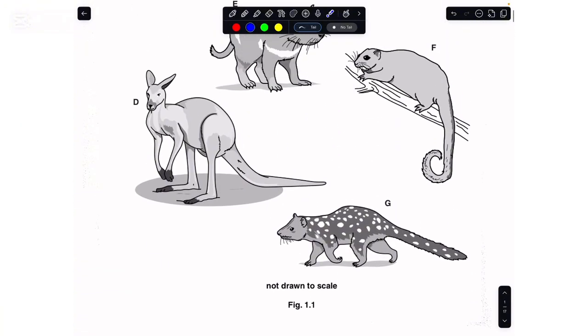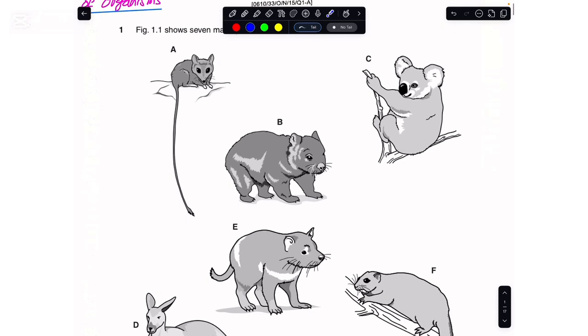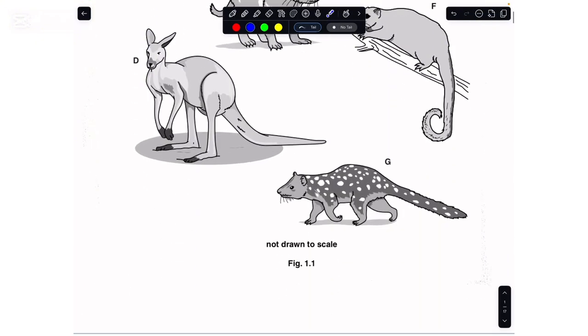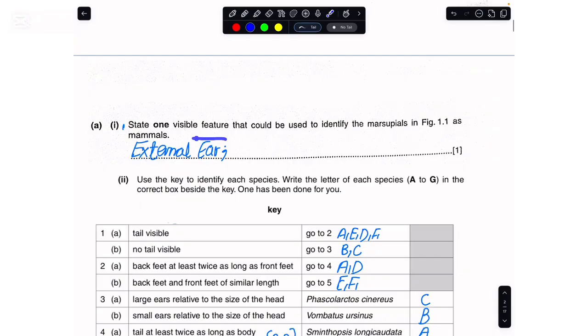So if we just look toward the diagram of all of these marsupials, the characteristic that we see visible in all of them would be their external ears or the external pinnas. So that is why the answer would be that they have one common visible feature among them, and that is the external ear.